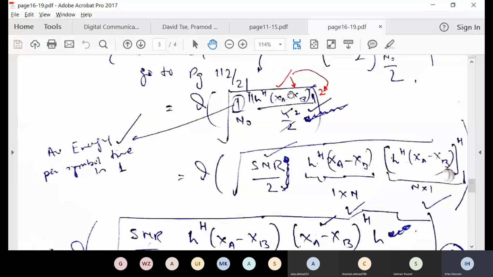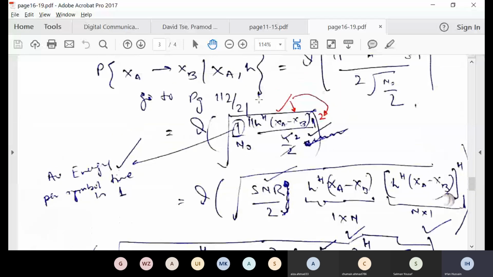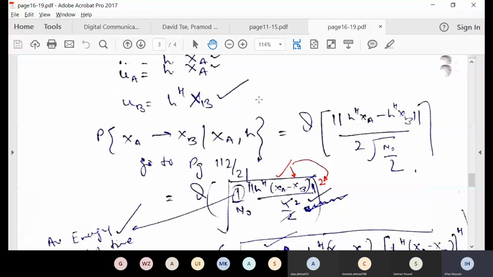All right, this is 1 cross n, and this is actually XA minus XB. XA minus XB, which we just saw, was equal to L cross n. All right, and H size is actually L. So this is actually 1 cross L. So you can see this was your H, but HH is actually 1 cross L, and this is actually L cross N. All right.